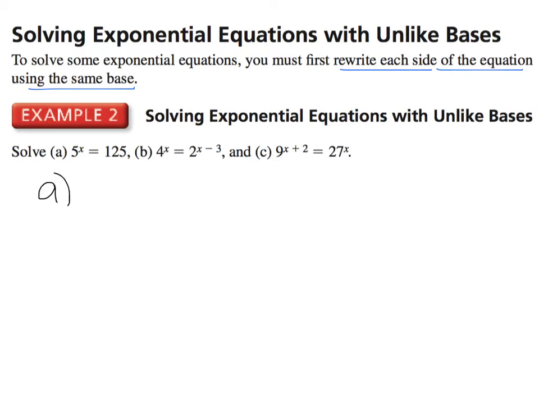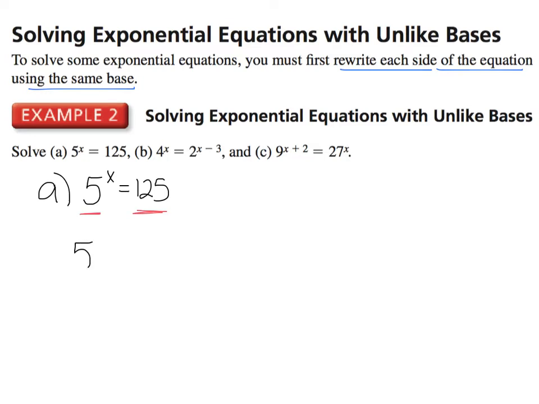So in A, we have 5 to the x power equals 125. Now first of all, you're going to look at this and go, Mr. Humphreys, really? 5 to what power gives me 125? I know that's 3. Yeah, you're right, it is 3. But they're not all going to be that easy. You have to make both bases the same. So in A, how could you rewrite them with the same base?